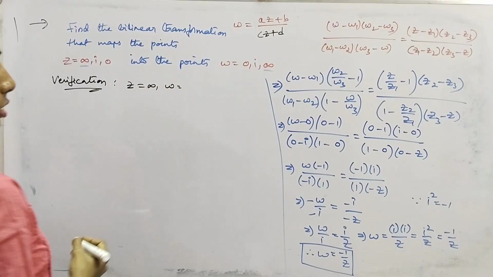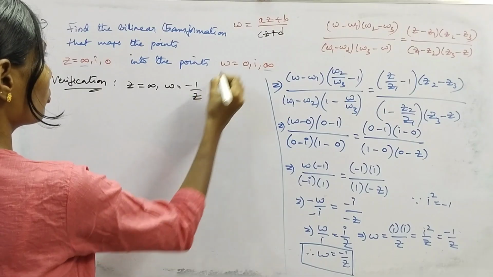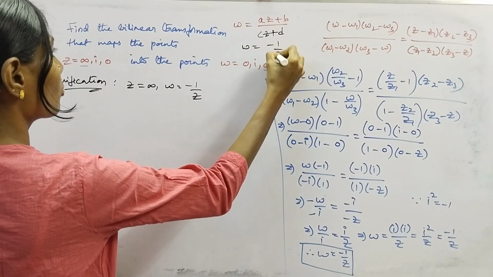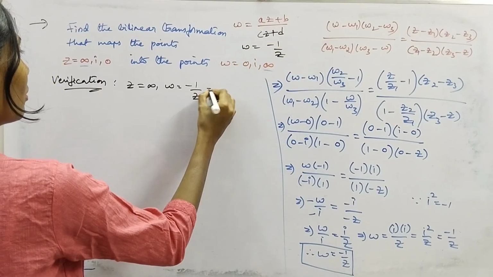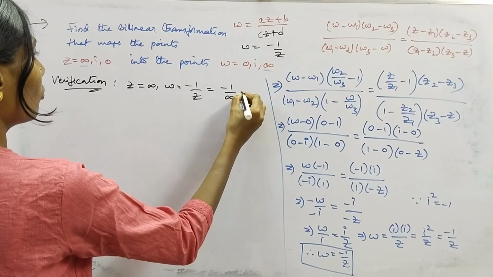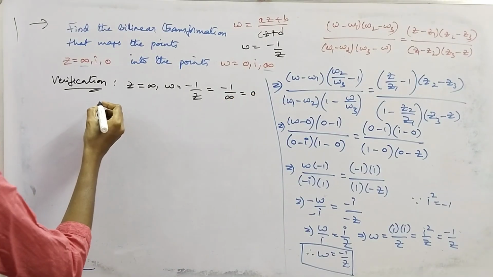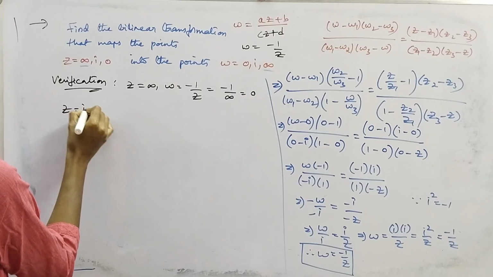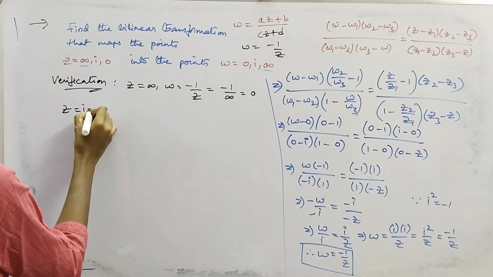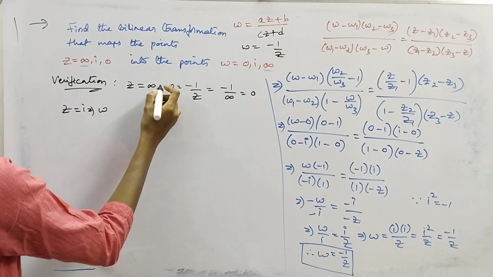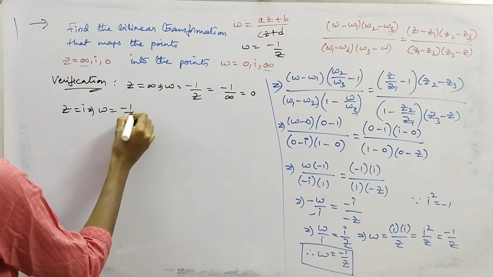When z equal to infinity, we have the transformation ω equal to minus 1 by z. Substitute the value of z: 1 by infinity is 0. When z equal to i, then ω equal to minus 1 by z.